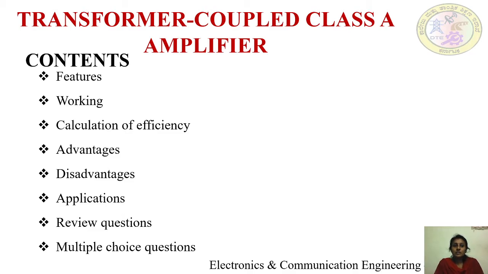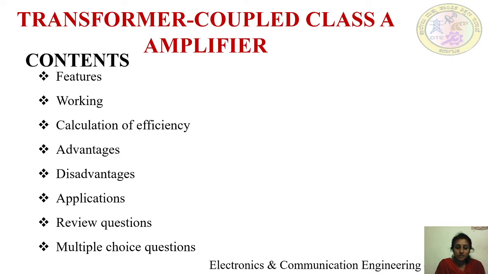Before going to the transformer coupled class A amplifier, what do we mean by coupling? As seen in the classification of amplifiers, coupling is the cascading arrangement of one stage amplifier with the next stage. That means connecting the output of the first stage to the input of the second stage through a coupling device.